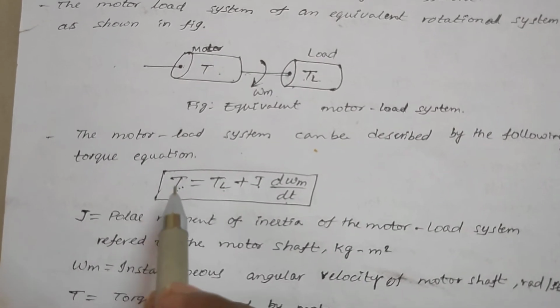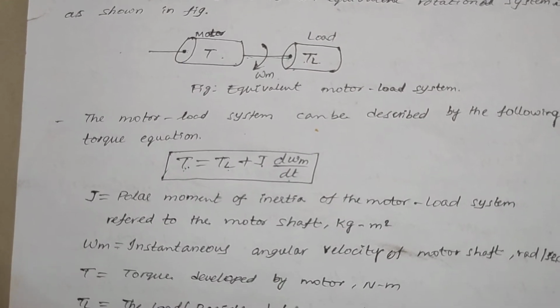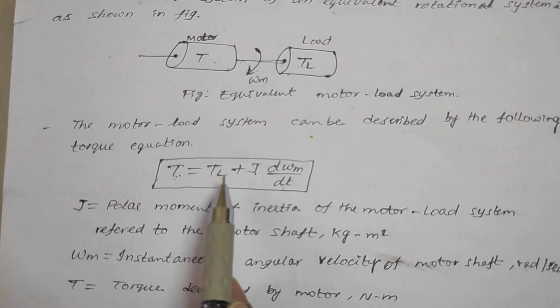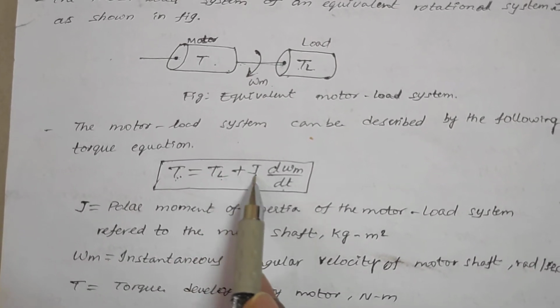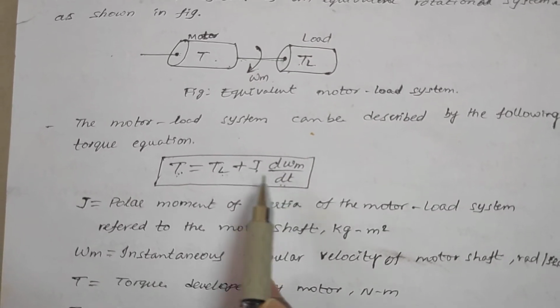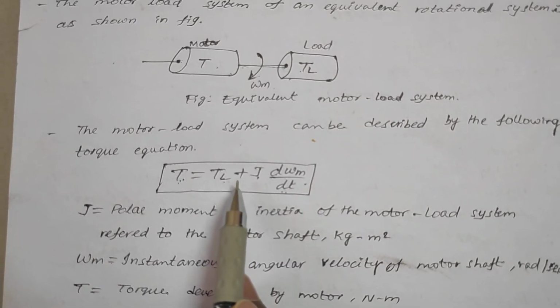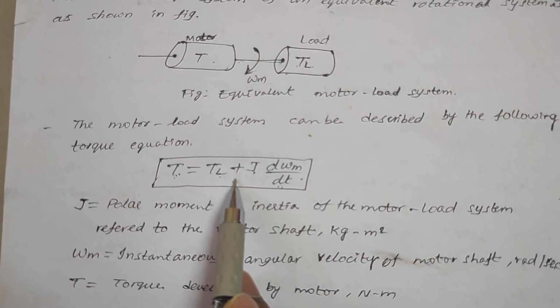So here T is the torque developed by the motor in Newton meter, which has opposing torques. The opposing torques are the load torque, inertia, and change in speed. This is the equivalent fundamental torque equation.